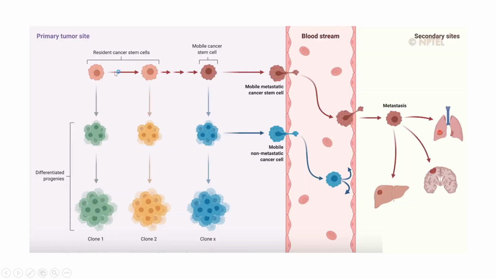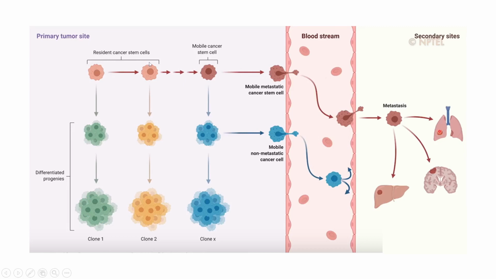Now, as we discussed, the metastatic cancer cell is the main culprit which leads to the translocation of cancer from one organ to different organs. In that also, cancer stem cells are the main important cancer cells present. The other populations of cancer cells are derived from the stem cells only.